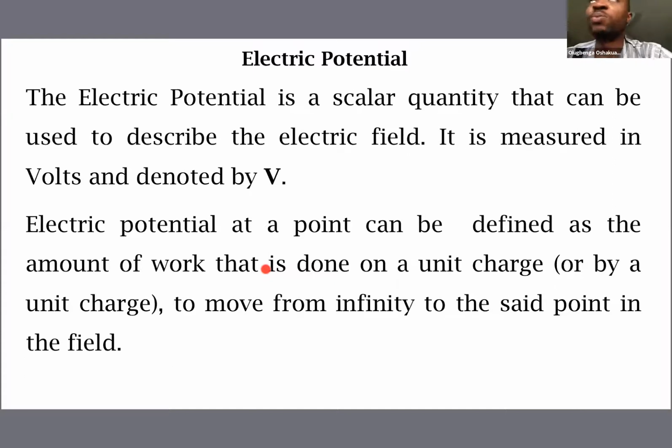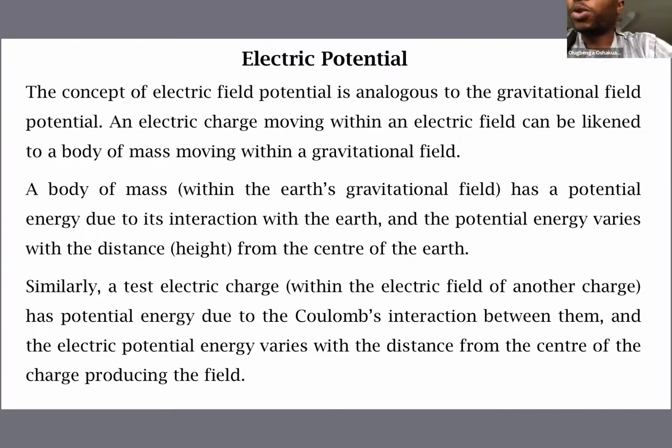So when we move a charged object within an electric field, work is either done by the charge or work is done on the charge. Just like in a gravitational field, where a body moves following the laws of the gravitational field, due to the presence of gravitational field potential, the same way charge moves in an electric field due to electric potentials.